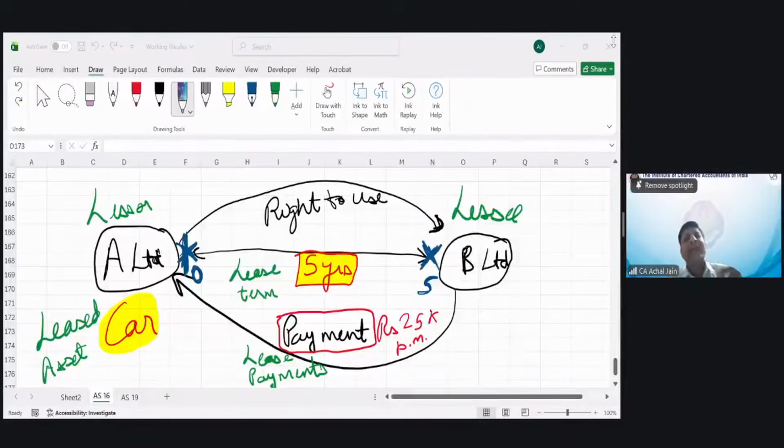Any payment made by lessee to lessor, you will call as lease payment. And what do you mean by minimum lease payment? That's the minimum amount which is required to be paid. That's why you call it minimum lease payment. Understood?